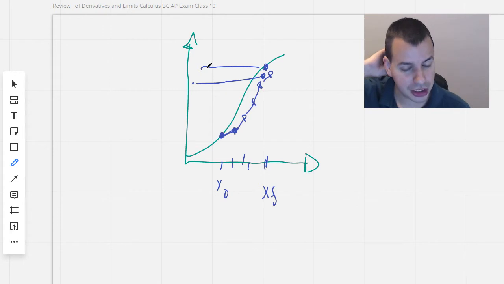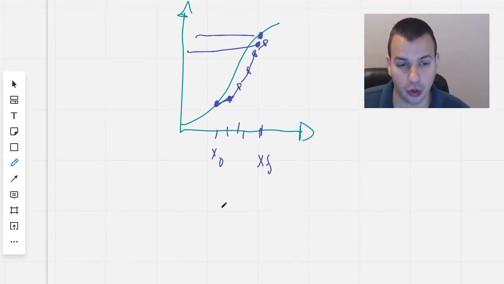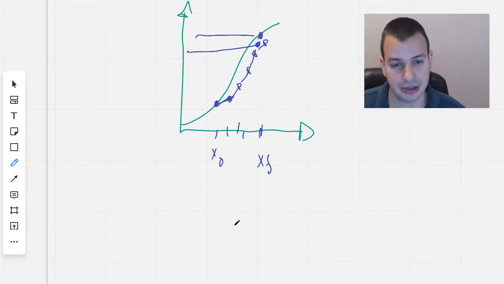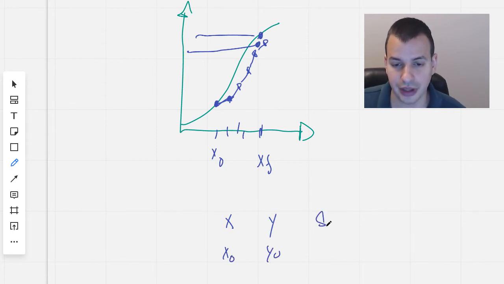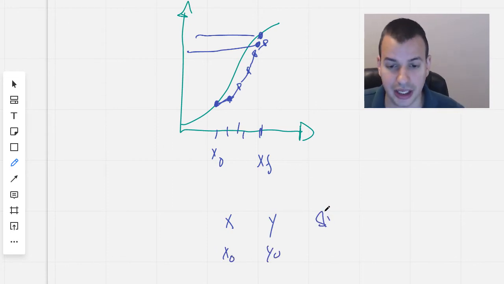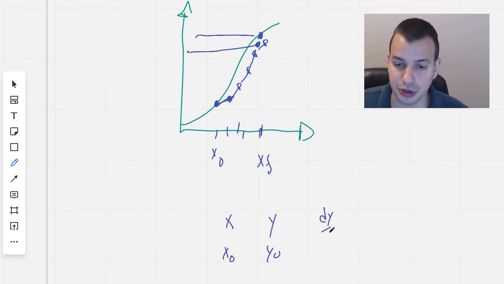And the way we do this is we set up a table. So this is like Euler's approximation, linear approximations. And you start with x, y. This will be your initial point, your initial x, your initial y. You have a dy dx, because you're usually given some sort of derivative to work with. And then you'll find the change of x, which will be your step.